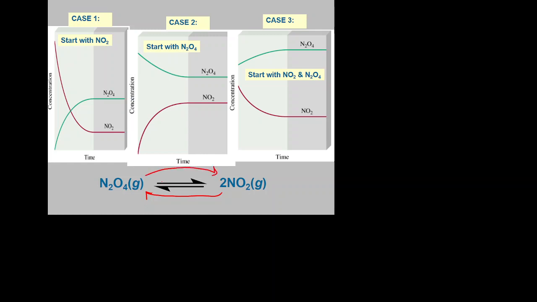Okay, because nampak tak? Dia start dengan NO2. So we have, okay, any graph yang tinggi, which is kita akan start dengan, so this will be dia punya reactant and this will be the product, where reactant akan start berkurang and product akan start bertambah lah. And for here is vice versa, which is kita ikut this one, kita start dengan N2O4, sorry.